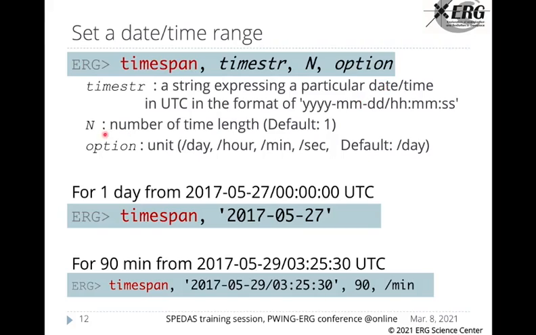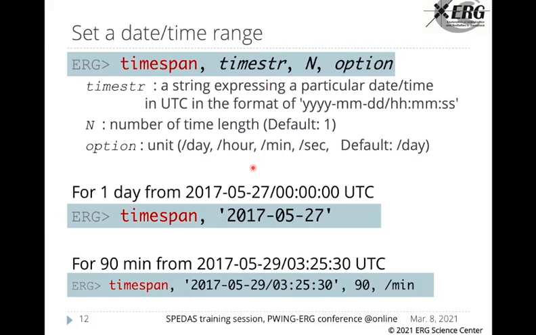If you put /day in the options, then this number means the number of days, and if you put /hour in this option, then this number means the number of hours from this start time.